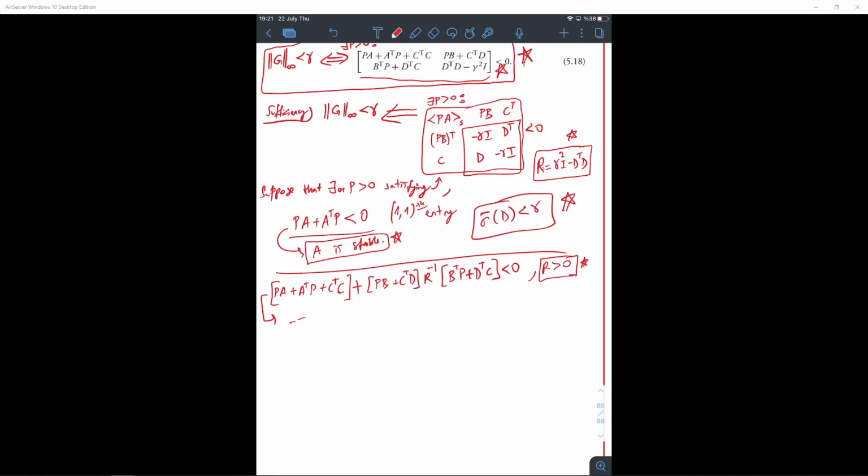I mean minus j omega P minus j omega conjugate P, and this is going to be minus j omega P plus j omega P equals 0, right? This is 0.